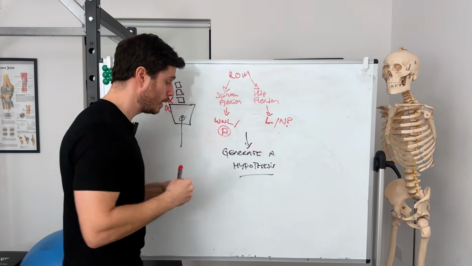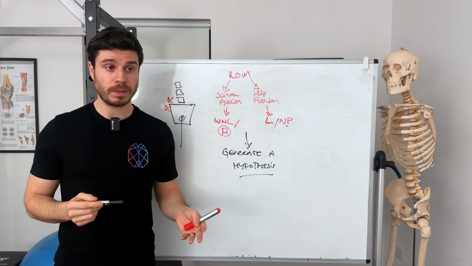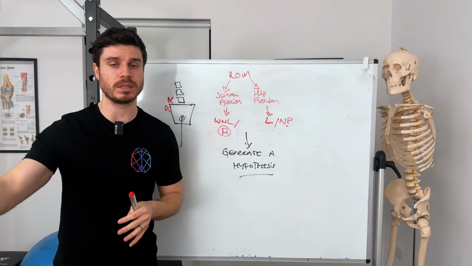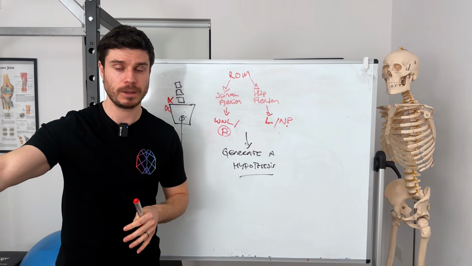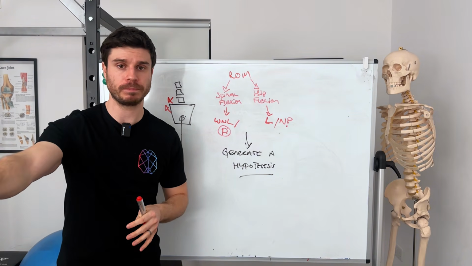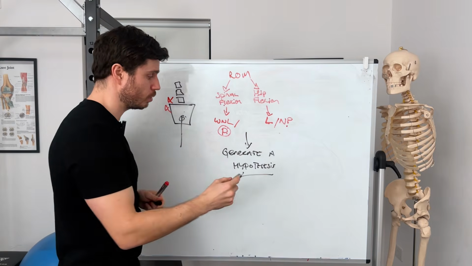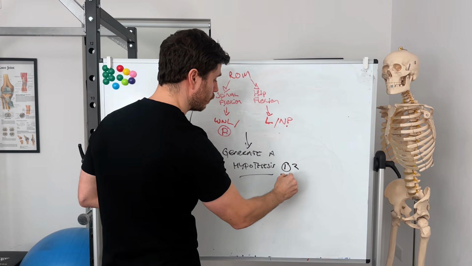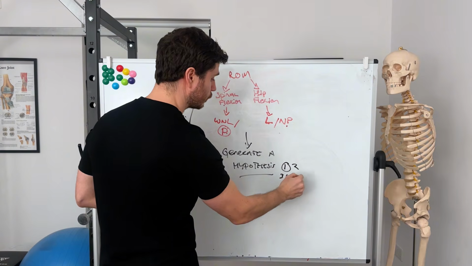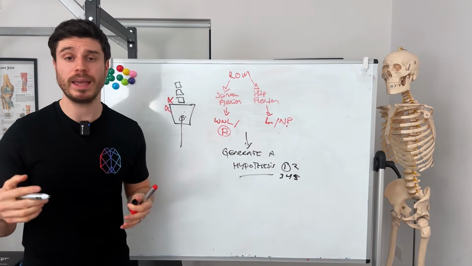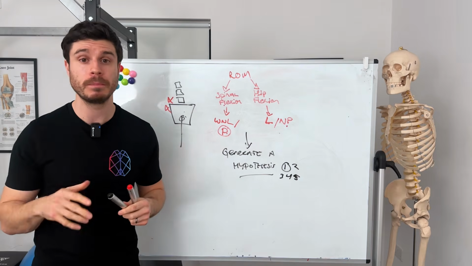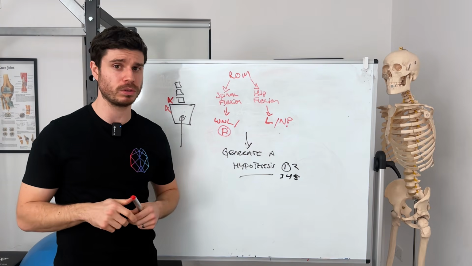Again, we need to think scientifically about this, and I know we don't have a lot of information here, but we need to generate a hypothesis as to why we think the individual is experiencing pain. And we don't need to do just one hypothesis. We need to have 2, 3, 4, maybe 5 potential explanations as to what's going on here, because we can't be sure. Pain is complex, but we need to at least have something to work towards, okay?